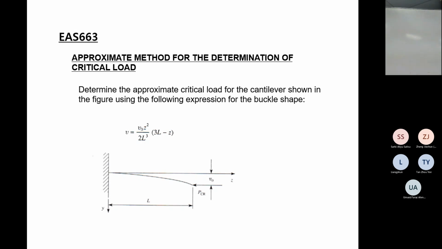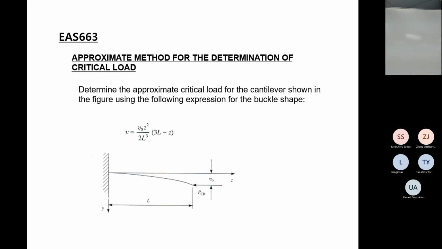Then you're asked to use the Rayleigh-Ritz method to determine the P critical. In the Rayleigh-Ritz method, you have to make assumptions about the assumed buckle shape, a slightly bent configuration.